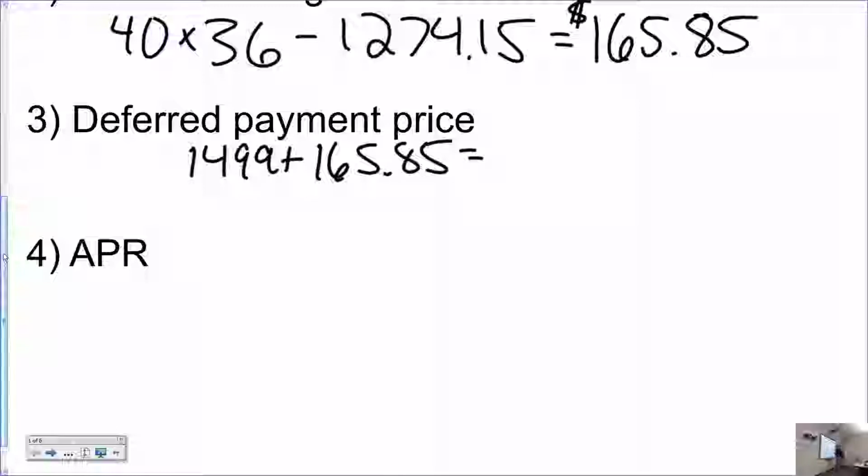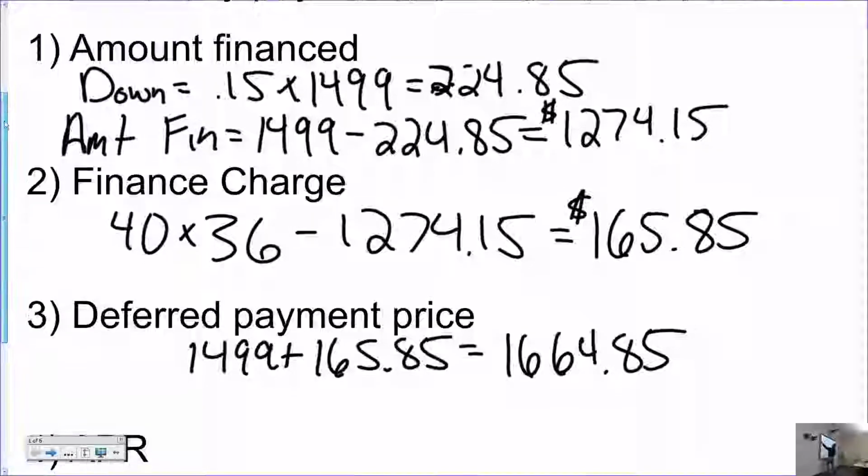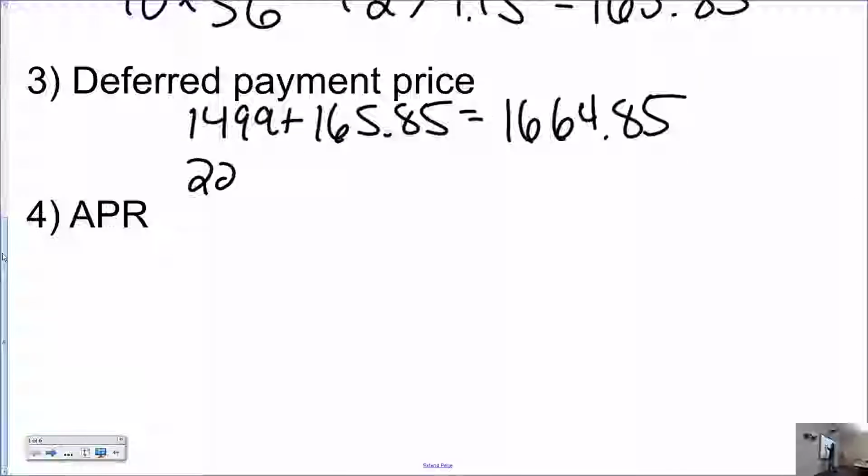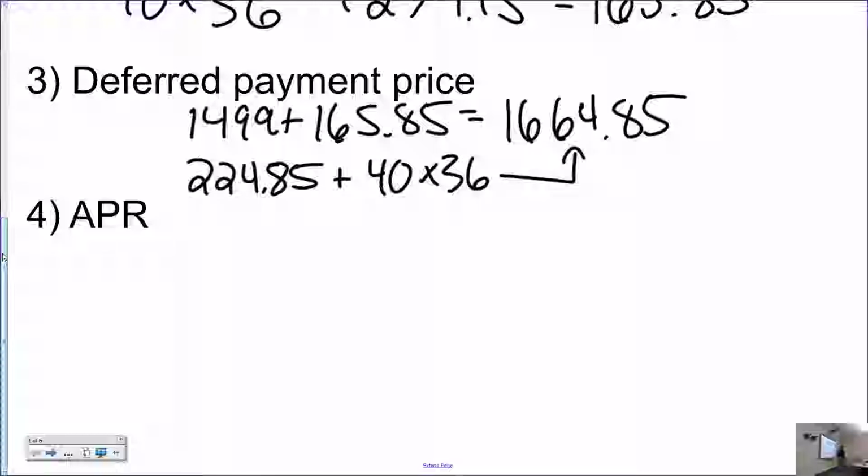$165.85. So what is that? $1,664.85. How else can you get the total amount of money you paid for this? Down payment plus total monthly payments, right? So you can do the $224.85 plus the $40 times 36 months to get you to the $1,664.85.